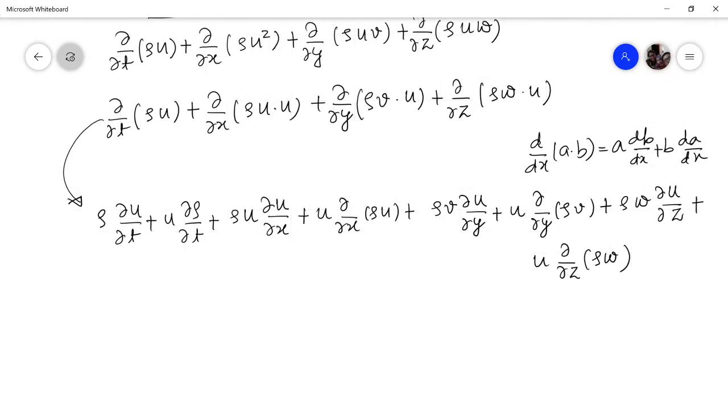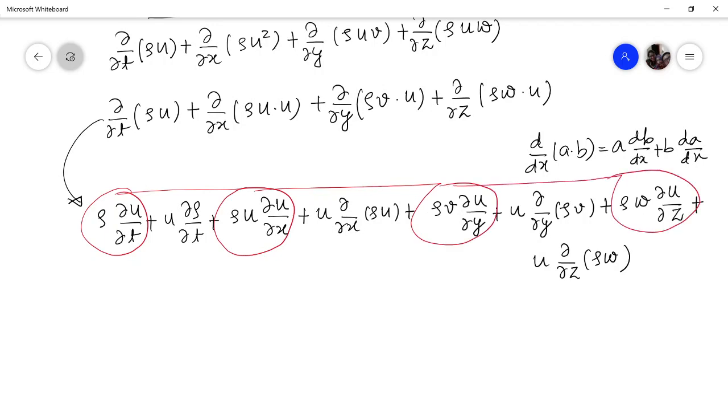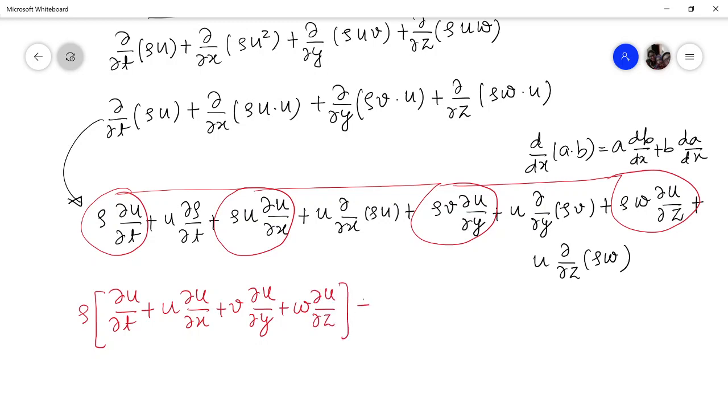Now you club the terms which have density on one side and take ρ common. You get ∂u/∂t + u ∂u/∂x + v ∂u/∂y + w ∂u/∂z, and from the remaining terms you take u, the x component of velocity, common. So it is ∂ρ/∂t + ∂/∂x(ρu).